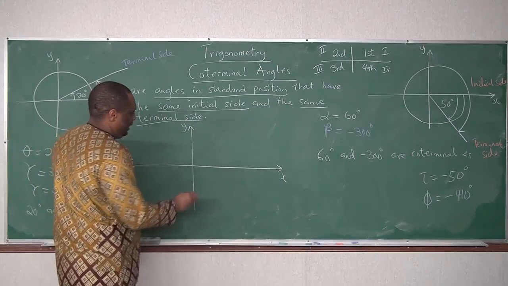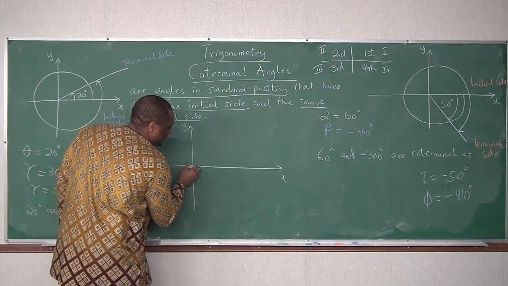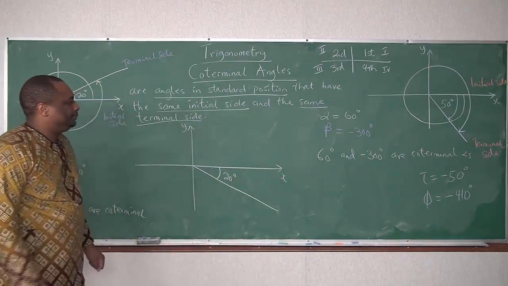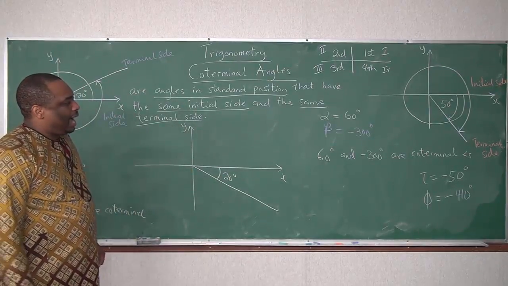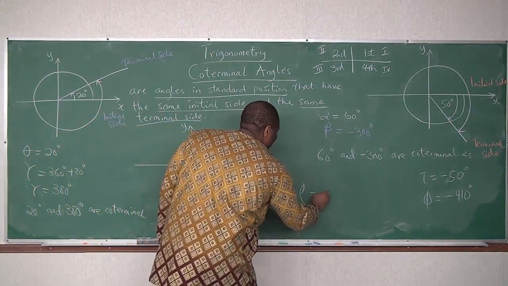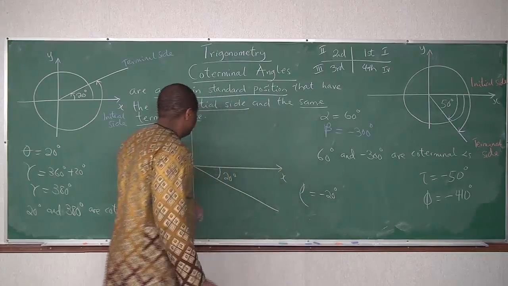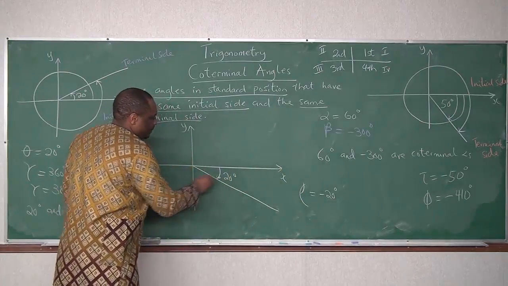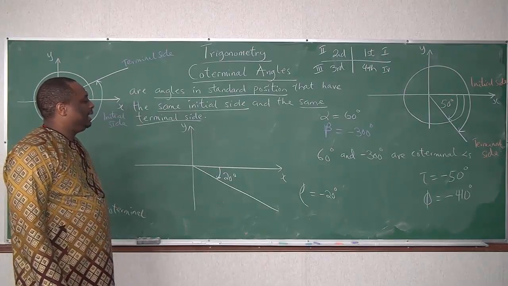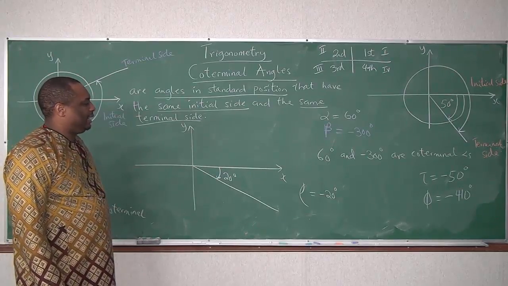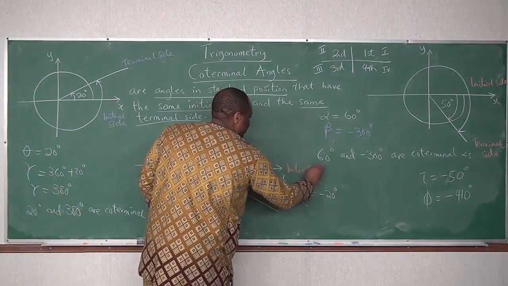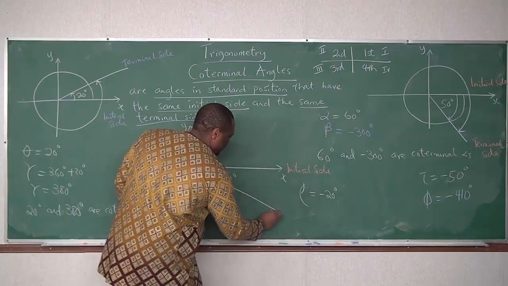Let's say we have a negative angle here, let me call this 20 degrees, and I can call this rho, negative 20 degrees, because it is clockwise. This is the initial side, and this is the terminal side.